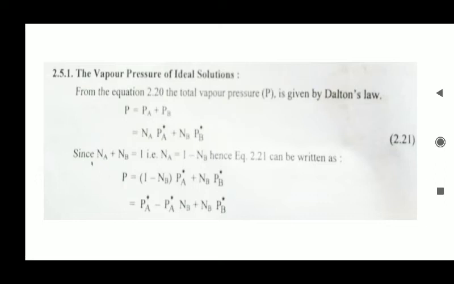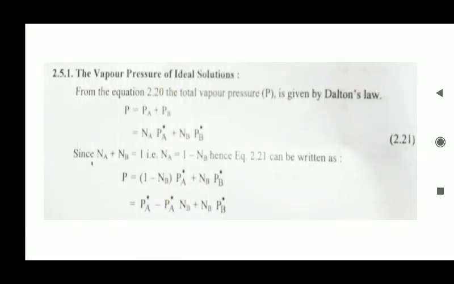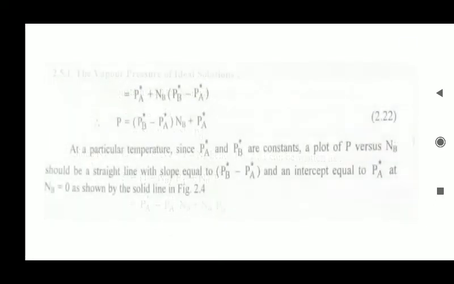Rearranging, it becomes PA star minus Nb PA star plus Nb PB star, and this is equal to PA star plus Nb (PB star minus PA star).